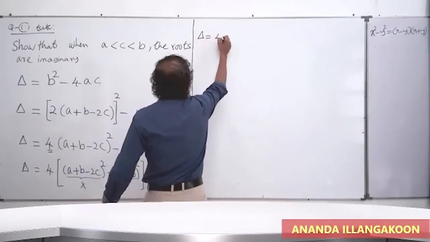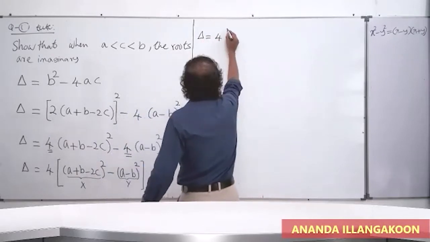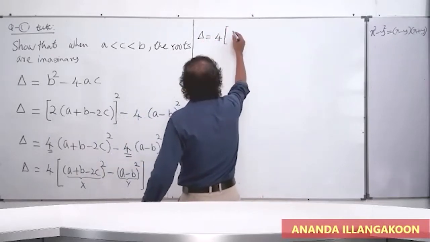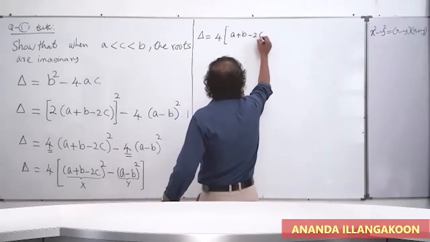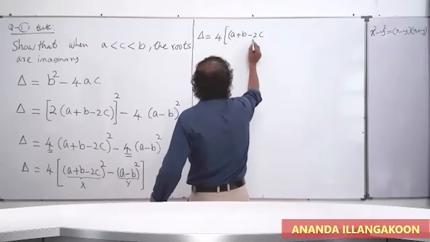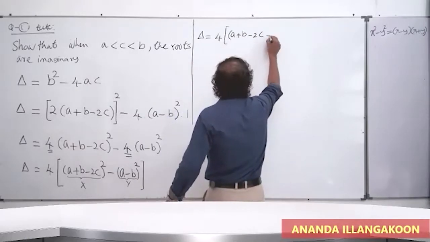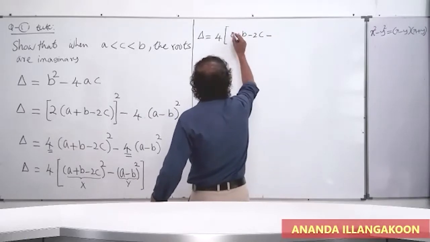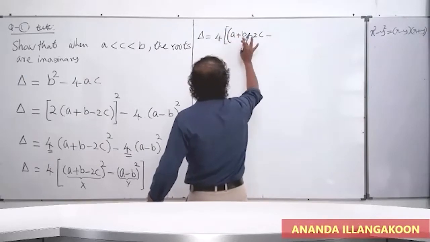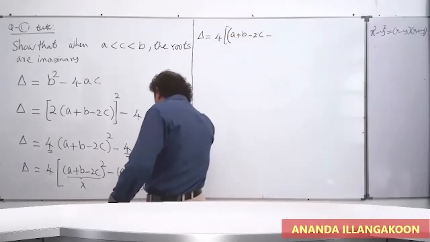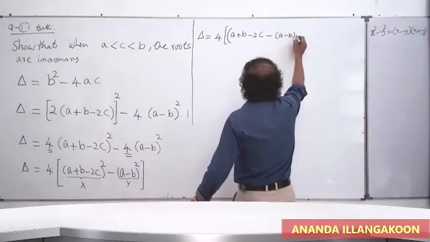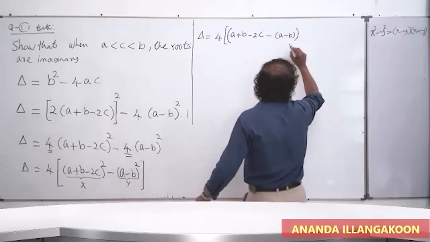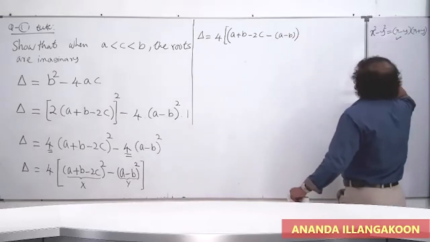Delta equals 4 times. What do you get, people? a plus b minus 2c minus, x minus y, no, y is this. Put bracket and write a minus b. First factor we wrote.